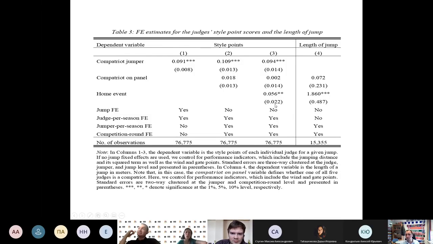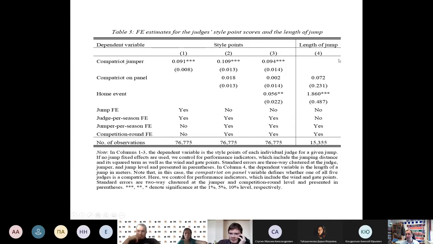But when we use home event, which other papers did not use, by the way, and I was very much surprised, as someone coming from the sports economics literature, I said, well, you must control for home advantage. When we control for home advantage, which also has an effect on style points, we see that compatriot on panel is basically zero, no effect. But compatriot jumper remains very strong.